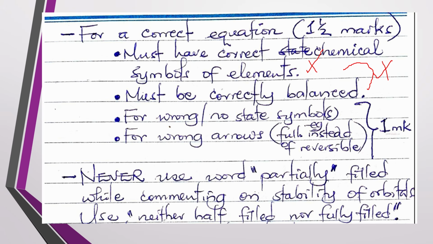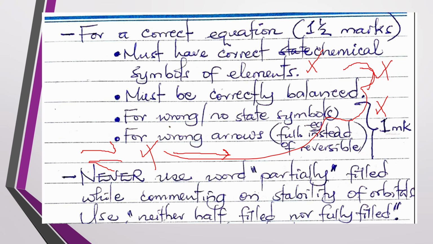And then states, if you give all the states on the respective elements or the respective compounds, you're also going to earn another half a mark. And then arrows. If you have indicated a proper arrow, going from the reactants to the products, or in case you're dealing with equilibria and you have indicated a reversible arrow, this is also going to carry half a mark, and this sums up to 1.5 marks.